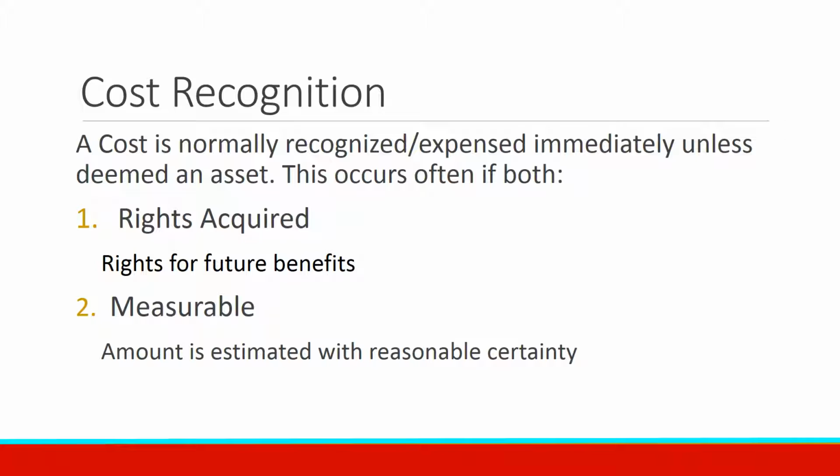And so we're going to try to make it difficult for a firm to put a cost onto the balance sheet. So we have two different criteria. First is, did you acquire the rights to that cost, that asset, and are those rights to benefit a future period? And then second, is it measurable? Can we estimate with some degree of certainty what the cost is?